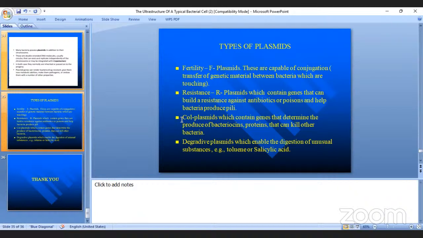Most harmful bacteria have the Col plasmid. The Col plasmid produces the toxin, and R plasmid gives resistance to toxin. Col plasmid produces the toxin, causes disease, and even kills the organism. Degradative plasmids enable the digestion of unusual substances.